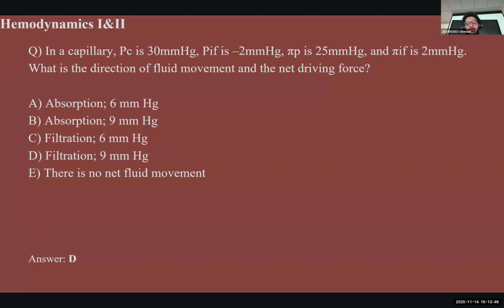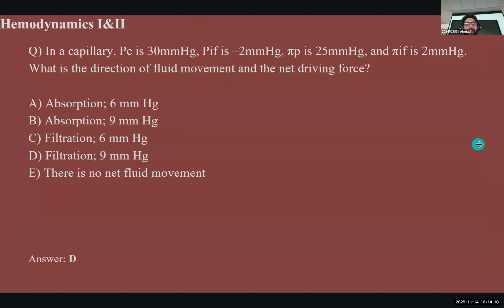So remember, keep the 32 in mind. We're going to take which two? The pi P, which is 25, and the PIF, which is -2 here. Okay, so 25 plus -2, that's 23.